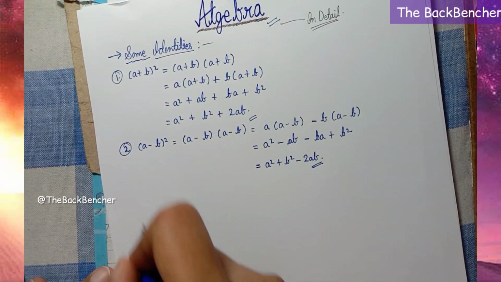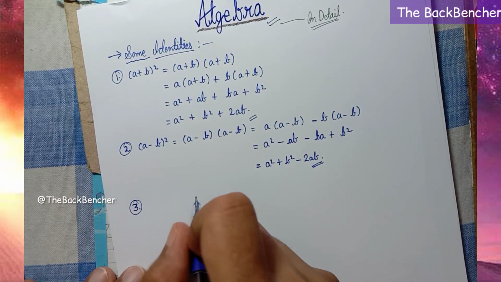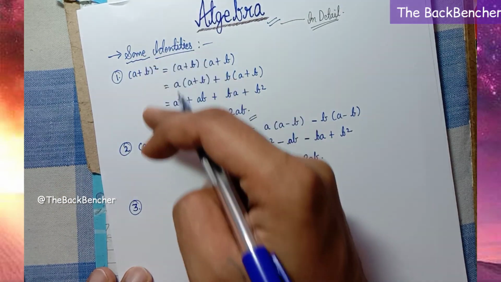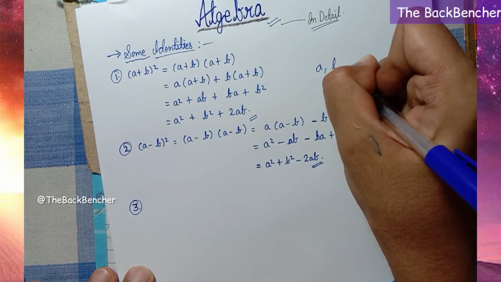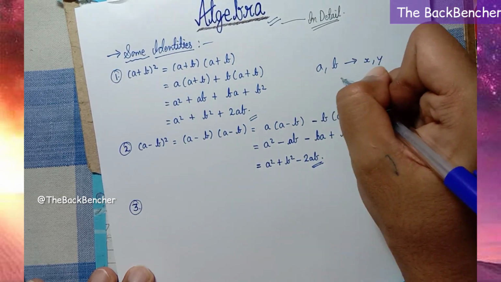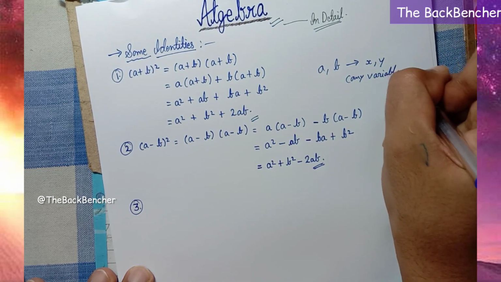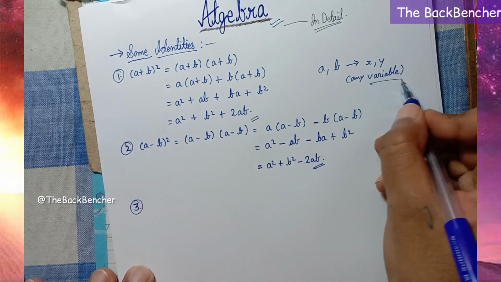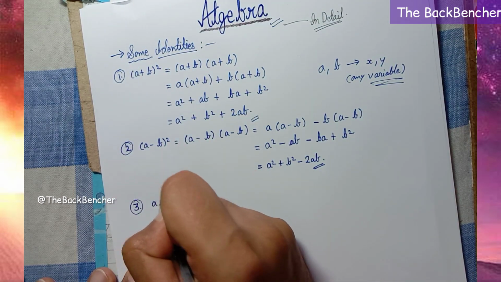So let's move on to the third. You can see a plus b whole square and a minus b whole square, so we will either add or subtract. Here you can change a and b with any variable, x, y, z, any variable; I am using only a and b.